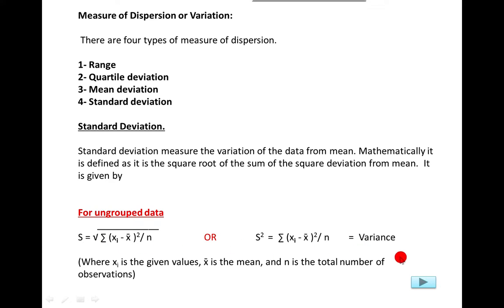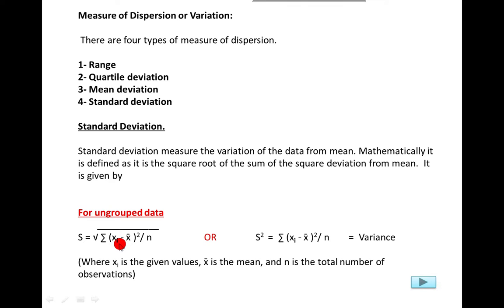If you have variance, you can find the standard deviation. If you have the standard deviation, by squaring both sides you will obtain the variance, where xi is the given value, x bar is the mean, and n is the total number of observations. So this is the formula of the ungrouped data.